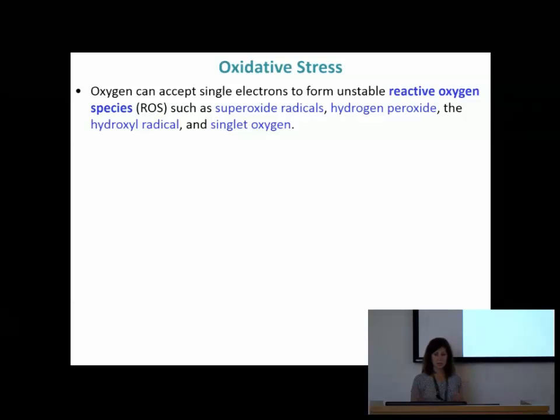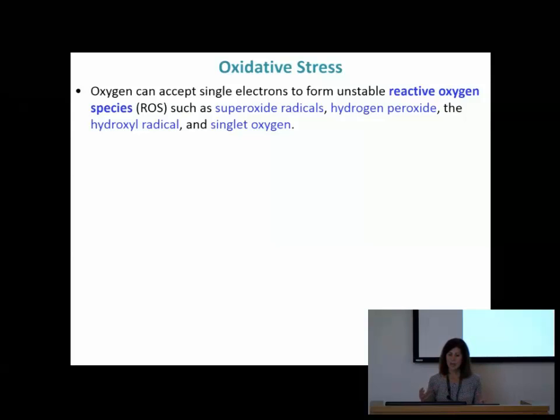The reason oxygen is so reactive is that it can accept single electrons, and it makes a group of molecules called reactive oxygen species. Reactive oxygen species, or ROS, are a group of molecules that result from oxygen accepting single electrons.